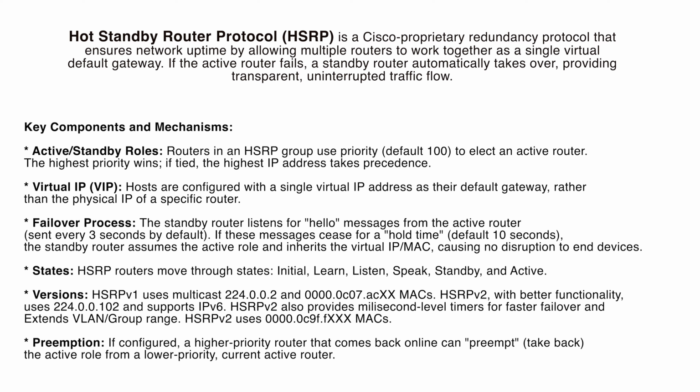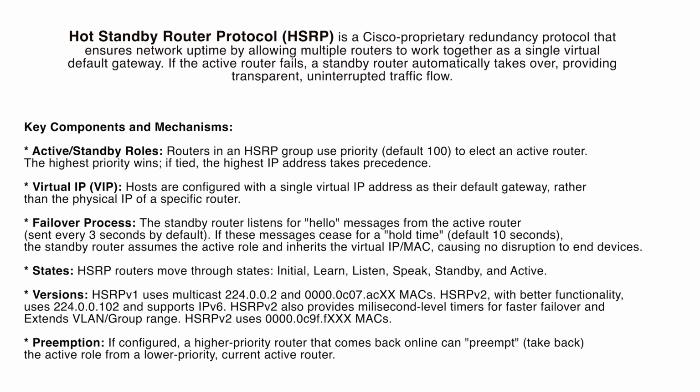Versions. HSRP version 1 uses multicast 224.0.0.2 and MAC 0000.0C07.ACXX. HSRP version 2, with better functionality, uses 224.0.0.102 and supports IP version 6.